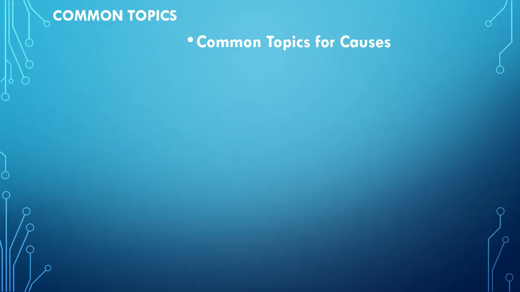Choosing a topic is probably one of, if not the most, challenging tasks for a writer, because choosing a correct topic can make or break your essay, right? If you do not choose the right topic, you may not have ideas to write. So it's important for us to look at some common topics for this particular type of essay, the kinds of topics that give out the causes and effects.